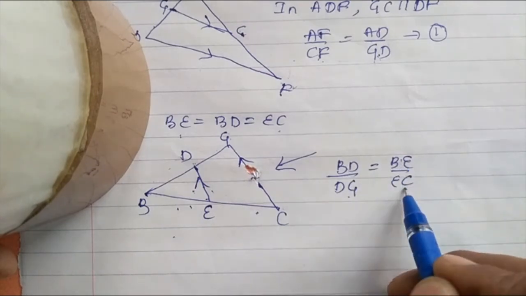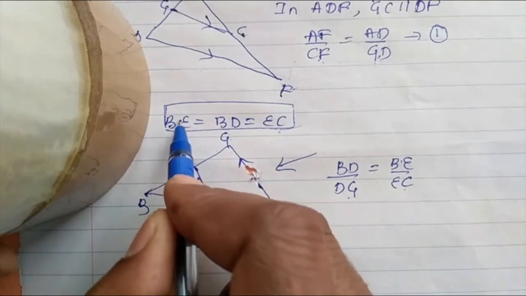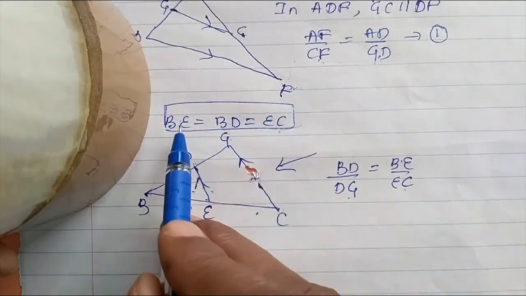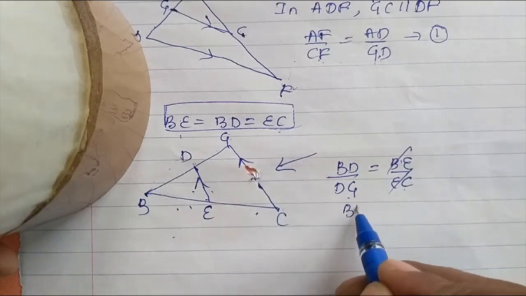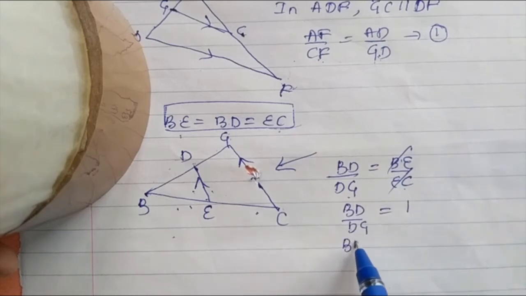BE and EC are equal, already we showed here. Look at the isosceles triangle and midpoint, BE and EC are equal. So BE and EC cancel. BD by DG is equal to 1. Cross multiplied, BD is equal to DG.